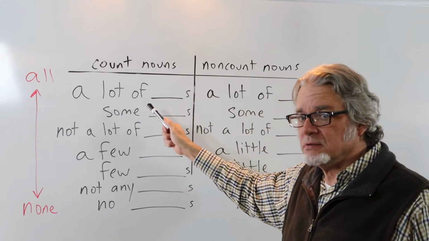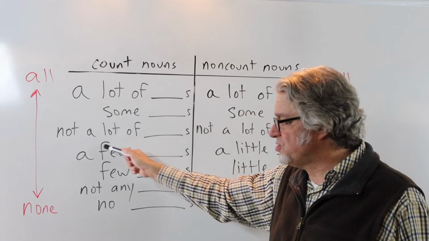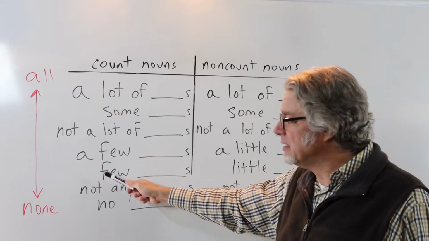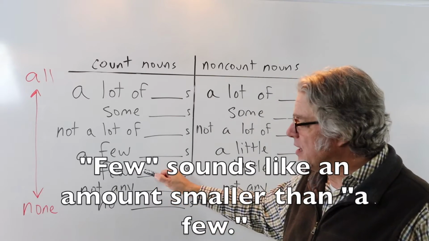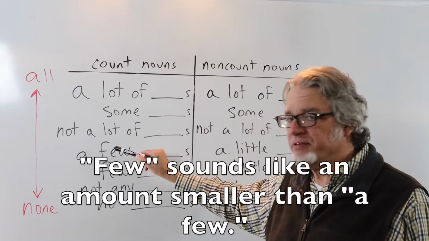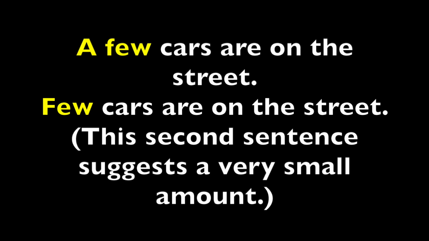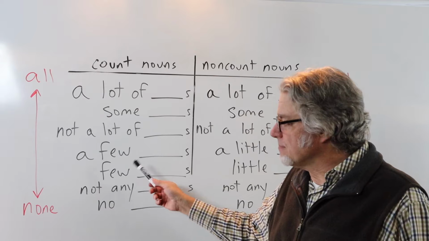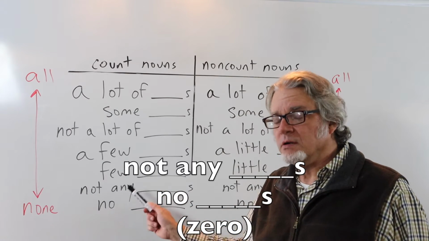Some, not a lot of, a few, this is usually 3 or 4, and few actually sounds like an amount smaller than this. Not any and no. These are used for zero.